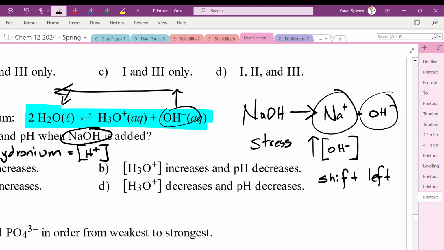And what is the result of that shift on the concentration of H3O plus? Yeah, H3O plus is going to go down, okay? And if H3O plus decreases, what happens to pH? pH increases because they go backwards of each other.